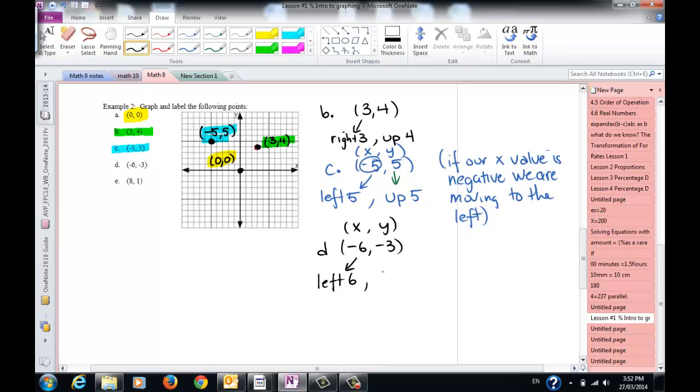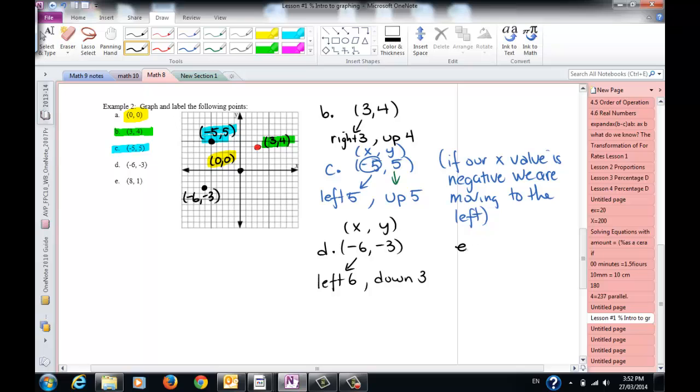Because it's negative, I'm going to go down 3 units. So I always start right back at my origin, and I'm going to go first left 6: 1, 2, 3, 4, 5, 6. Down 3: 1, 2, 3. Then I'm going to put my point in. I can erase this if I want. I don't have to though. And I'm going to write my point in.